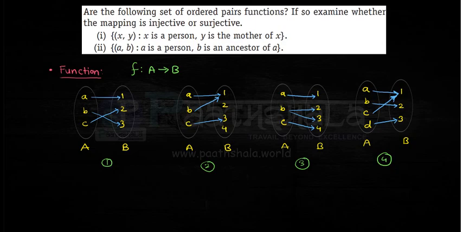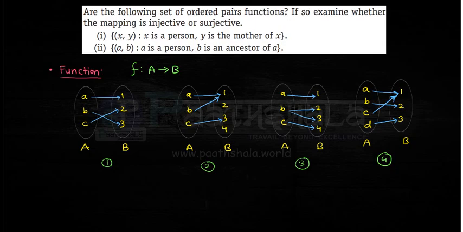Means A must have only one image in the codomain set. So we can see in the first case A has only one image, that is 1, in the codomain. In the second case we can see A has a unique relation, it has only one image in the codomain.